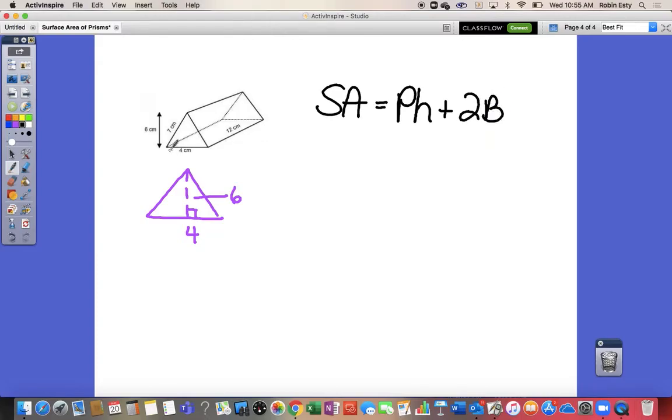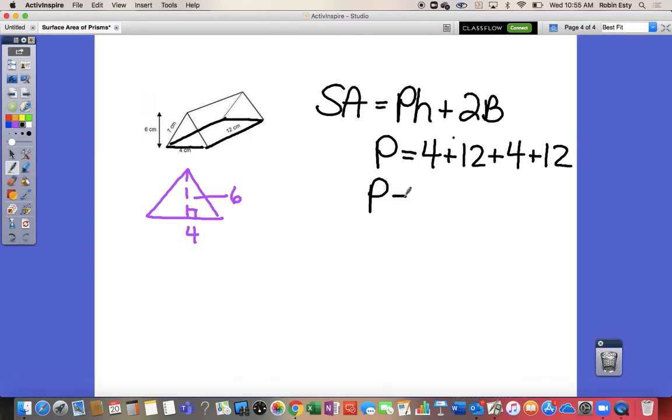Well, the perimeter would be 4 plus 12 plus 4 plus 12. So the perimeter is equal to 24 and 8, was that 32?